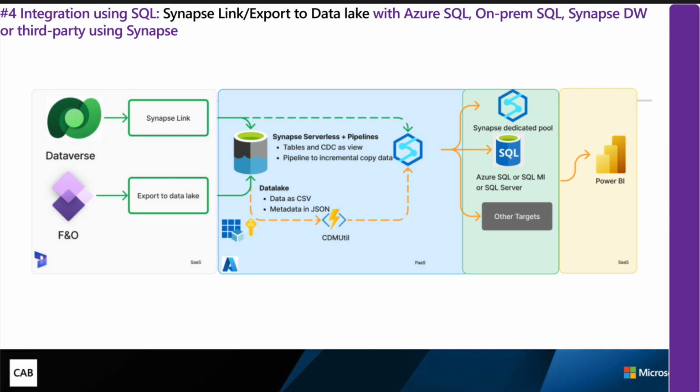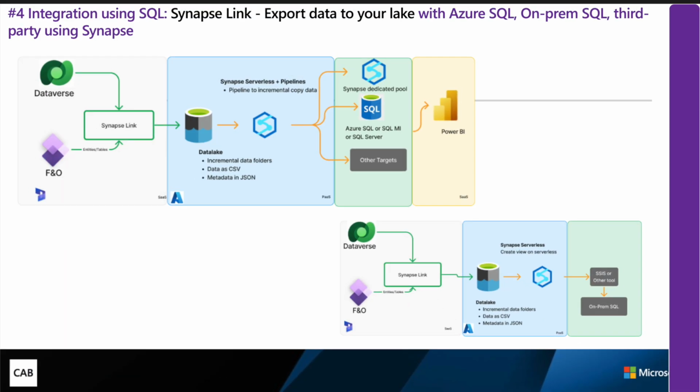This util is used to help build and define the database schema within Synapse Serverless so that it can then be consumed more easily downstream. And from Synapse Serverless, you create pipelines in order to shift that data as required, whether that goes to Azure SQL, a Synapse dedicated pool, or somewhere else. A pipeline can be created in order to help that incremental copy of data.